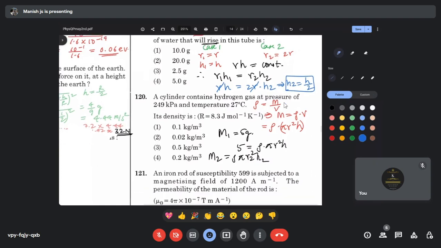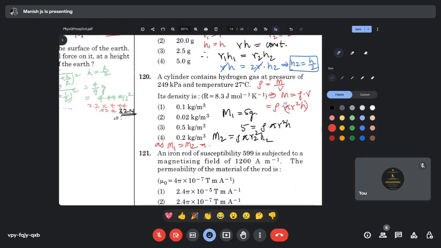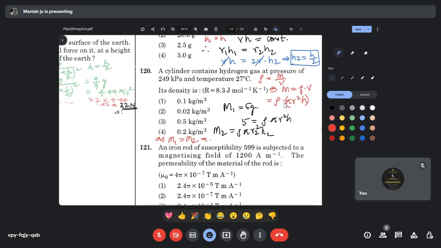So mass is constant. One second, we don't equate, one second. Here what's happening is, m2 relation I have written, I have not written m1. m1 is 5 grams on the top, and for m2 I have written another equation. The mass of the water that is going to rise in the second capillary tube is what we are finding.